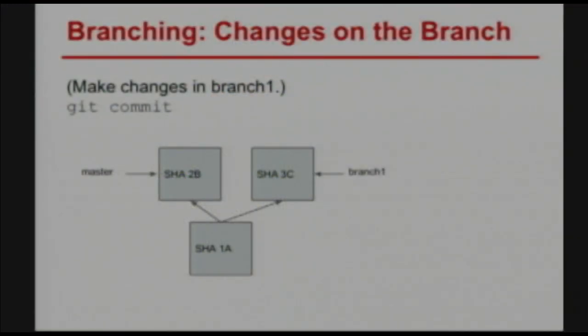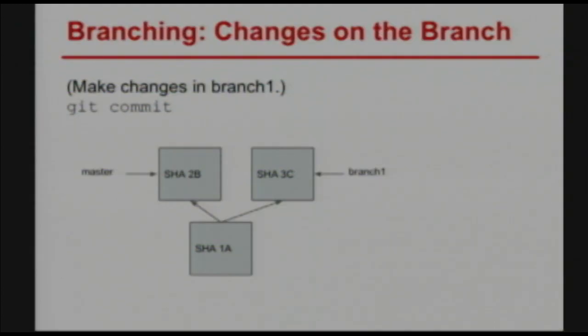You make some changes, you commit them, and you think, yeah, okay, it looks good. I like this path. But now your Git repository has a fork in the code. You have SHA 1A, but now you have these two divergent streams, and your repository has kept track of it all.